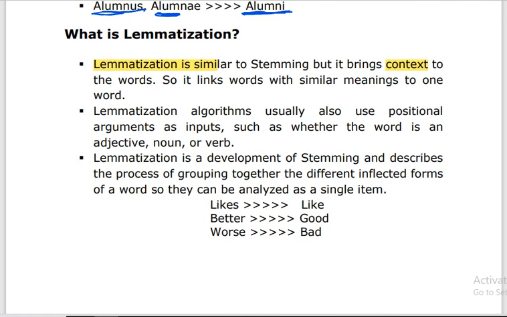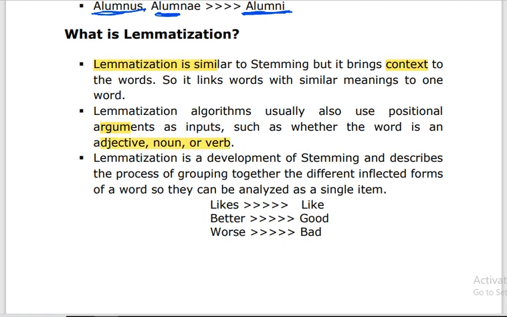Context to the word means it understands the meaning of the word. Most lemmatization algorithms take a positional argument as input, such as whether the word is an adjective, noun, or verb.